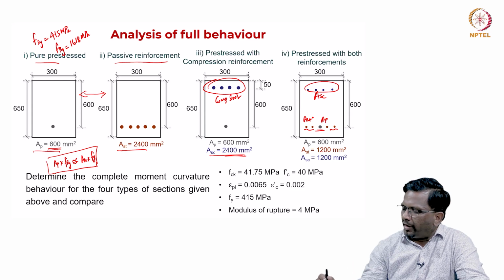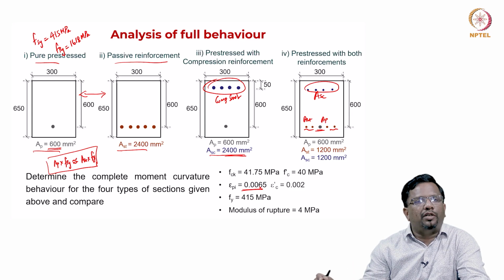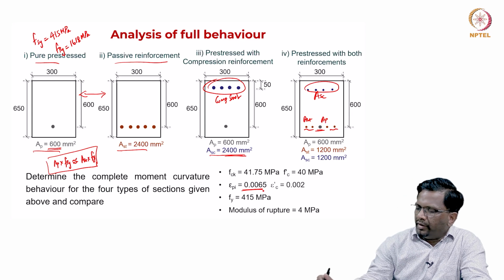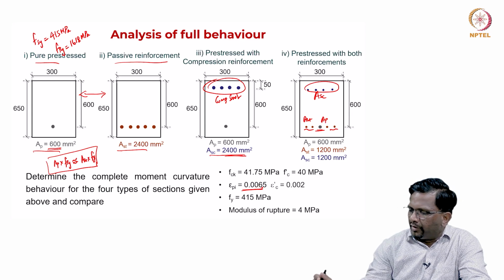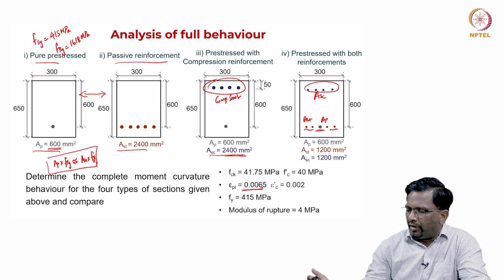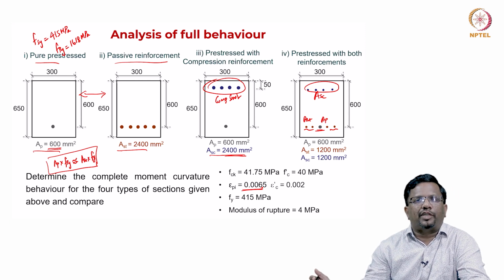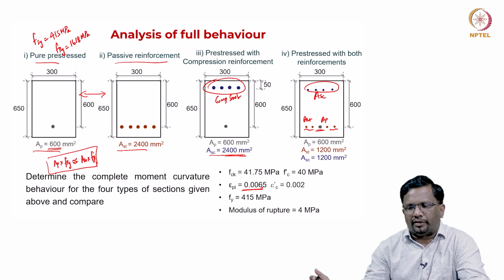Again, I have stretched this to 0.0065, right. This is our initial strain. So, initial stress, how much? You can calculate it is roughly about 1200 megapascal that we initially stretch them up to. So, 0.75 times FPK, that we have already done, is what we are going to put.